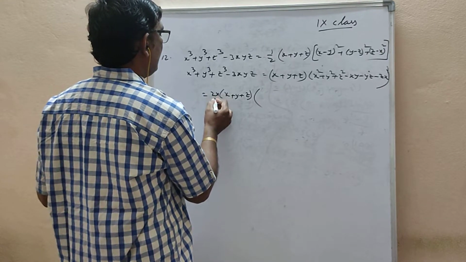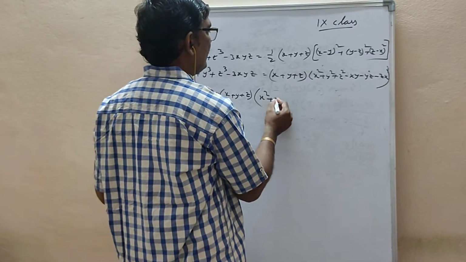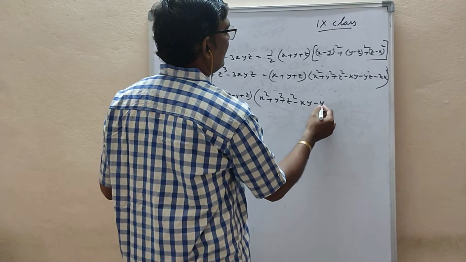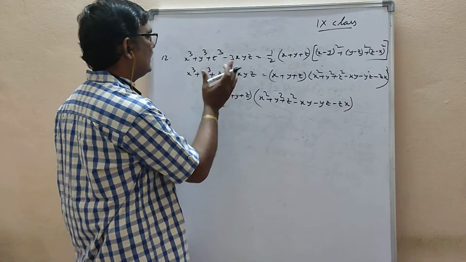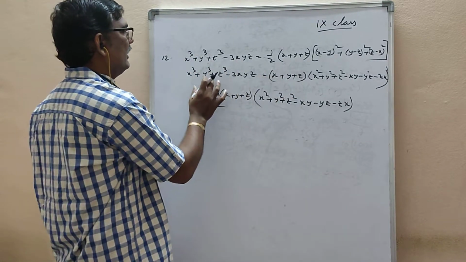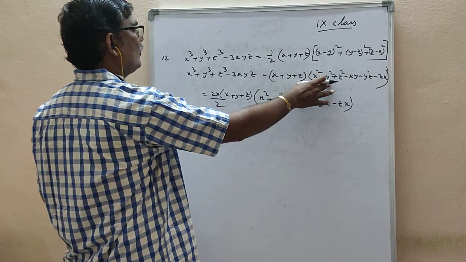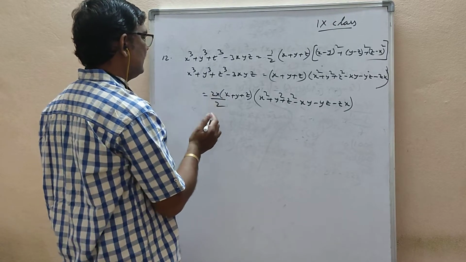With the 2 I multiplied, with the 2 I divided, as it is I am writing x square plus y square plus z square minus xy minus yz minus zx. LHS is the same. Now I am taking the formula I wrote here, and what I did is multiply with 2 and divide with 2, these 2 will be cancelled.